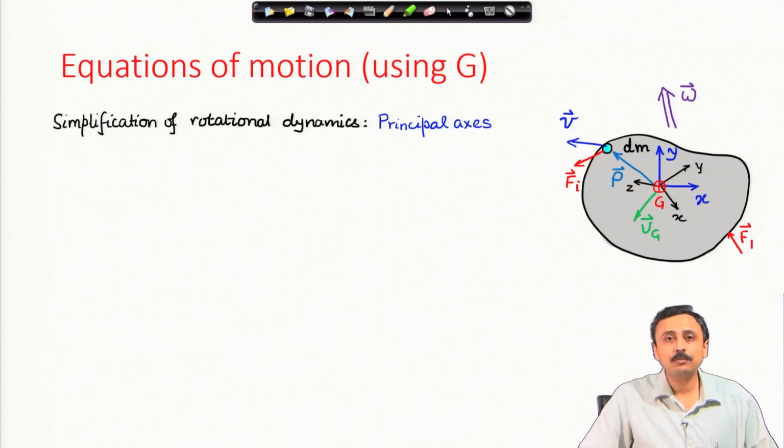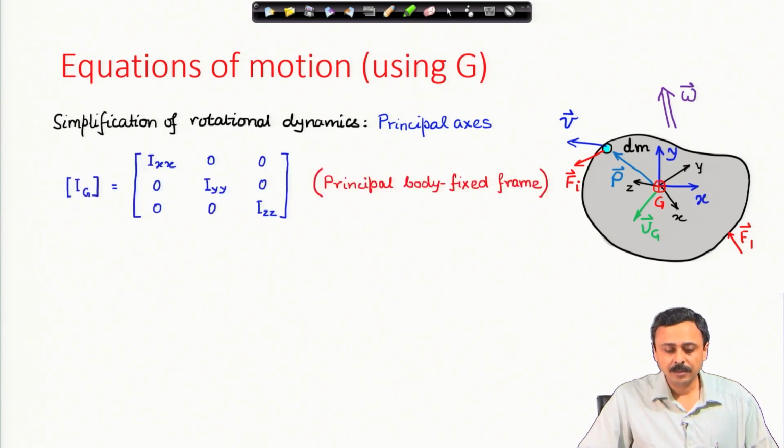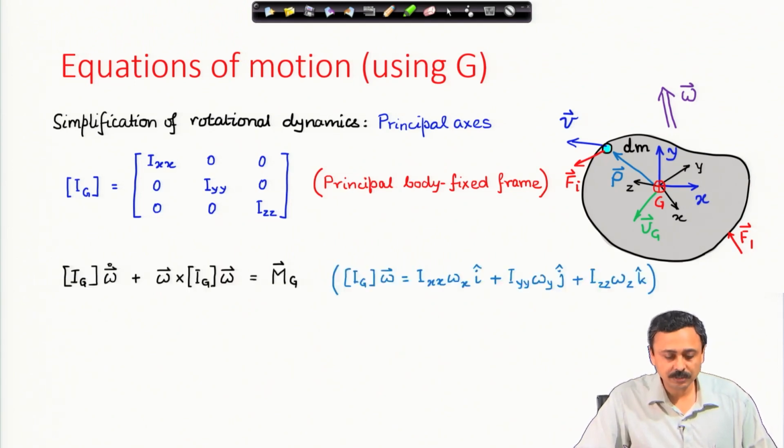The principal axes of a body are the frame in which the moment of inertia tensor is completely diagonal. The moment of inertia tensor about g is completely diagonal in the principal body fixed frame, and this simplifies the whole equation.